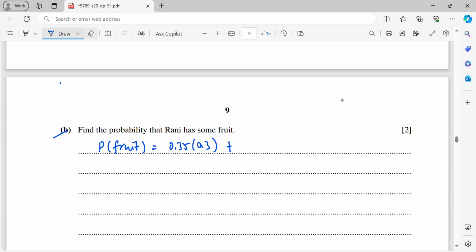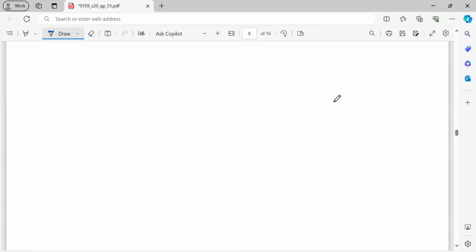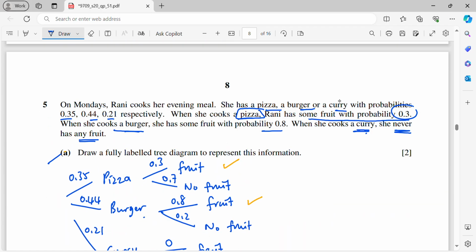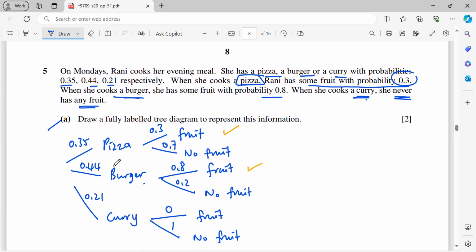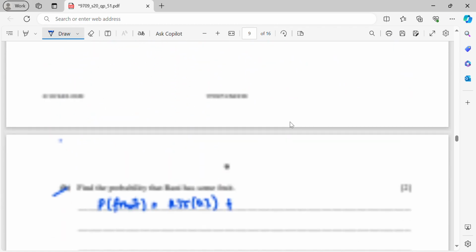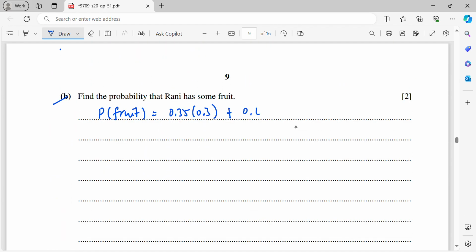Or, okay, or is plus. Or she cooks burger and with fruits, 0.44 times 0.8. Then from here, you will be getting 0.457.